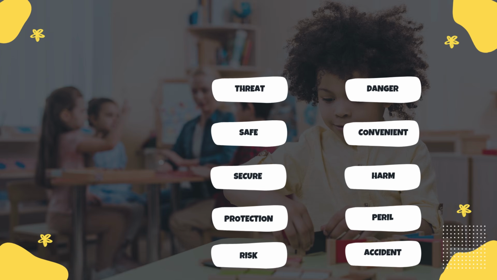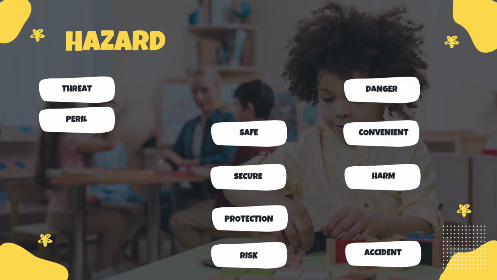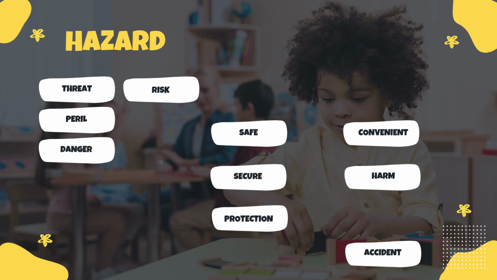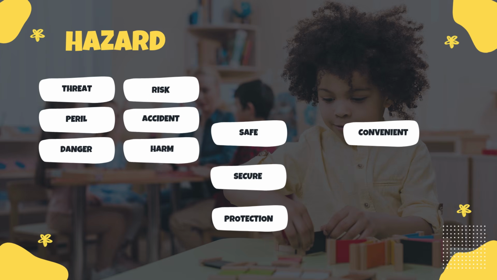All right, class, let's take a look at this pool of words. Our challenge is to find those that mean the same as hazard. Now listen closely. Words like threat, peril, danger, risk, accident, and harm all carry the idea of something unsafe or harmful.